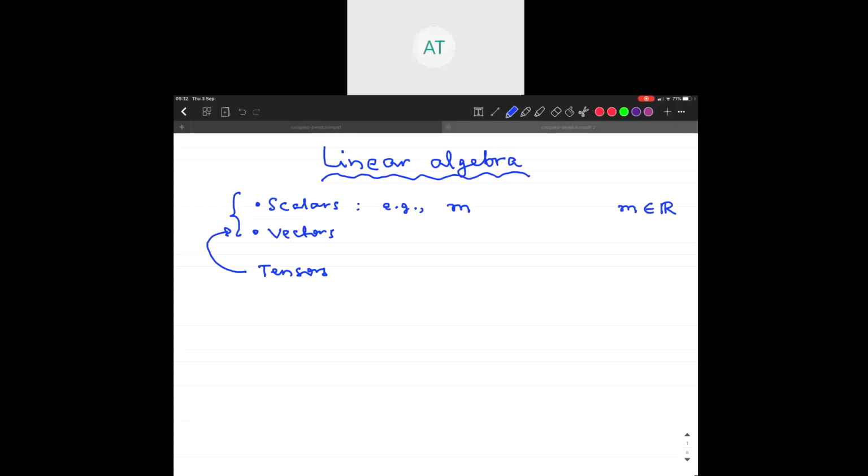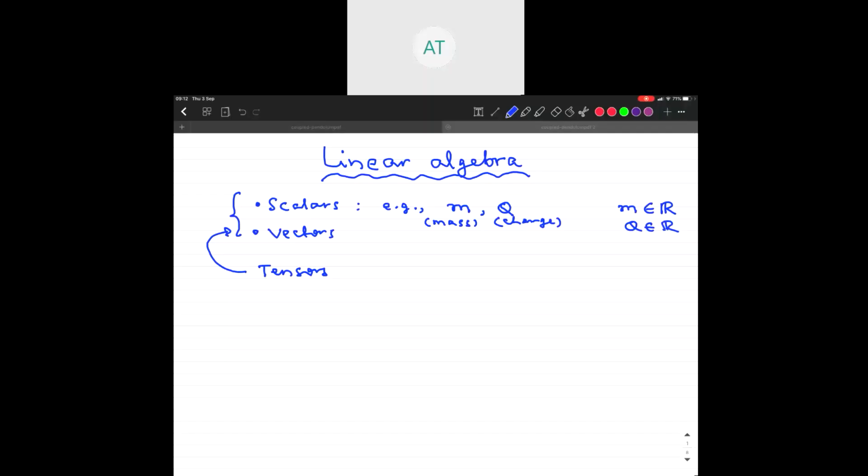And similarly, you can have another quantity like charge. So this is mass, this is charge, and accordingly q can also be a real number.